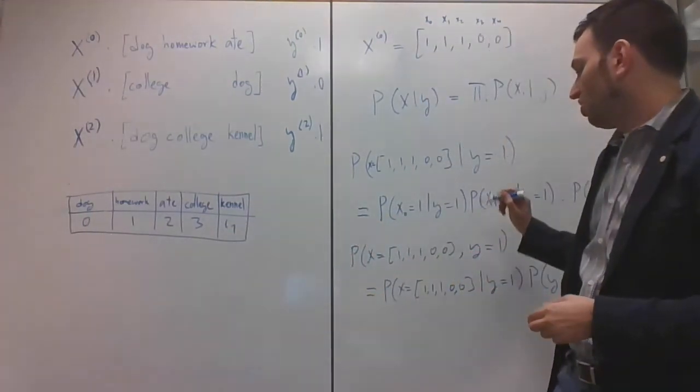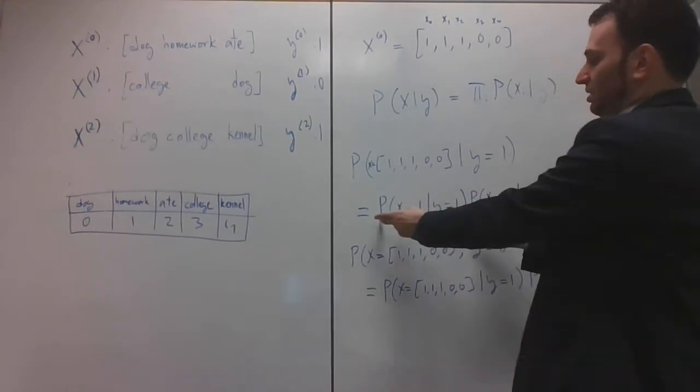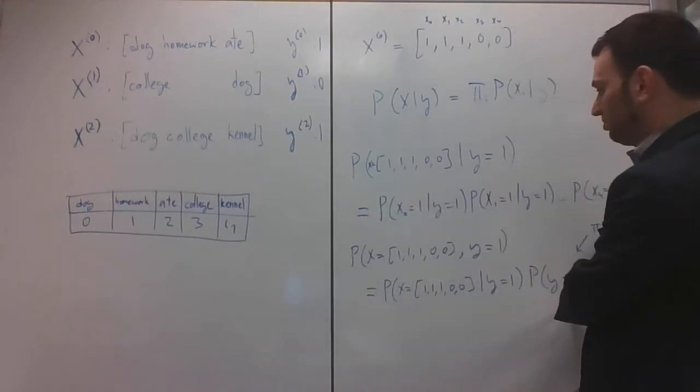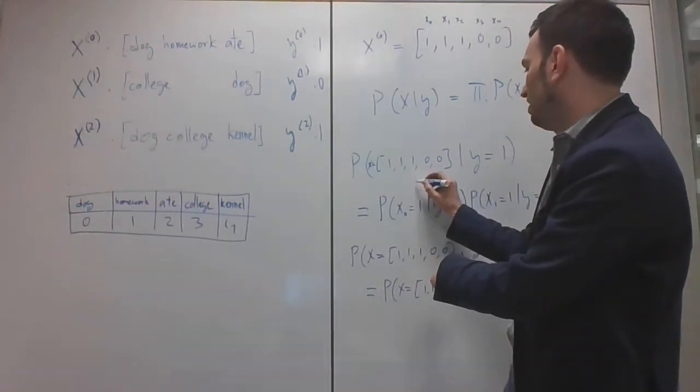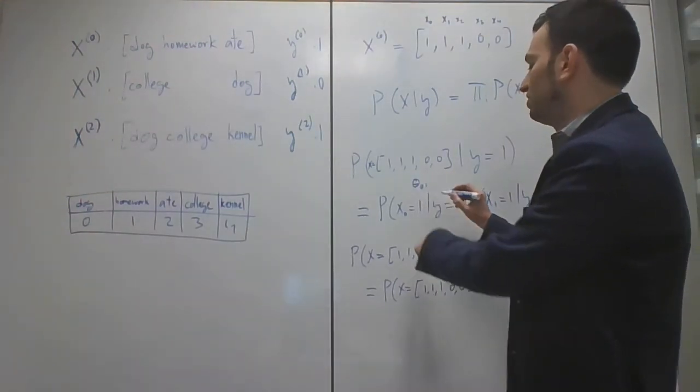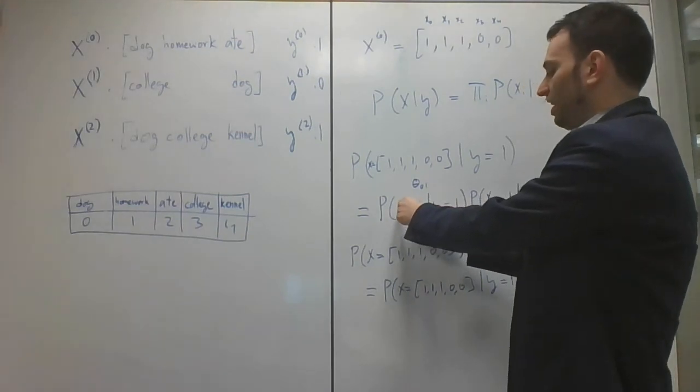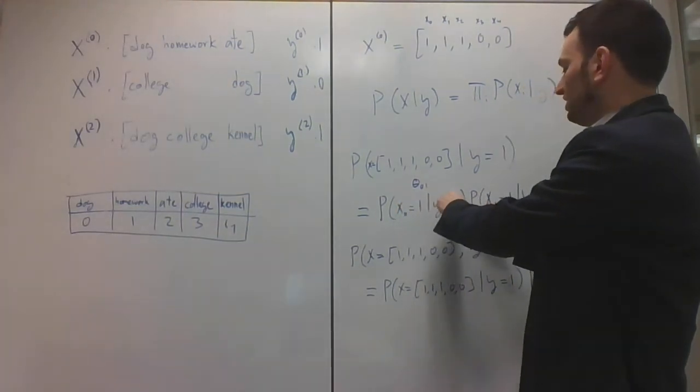Okay, this kind of thing is a parameter of the model, just like this is a parameter of the model. You can call it something like theta 0,1, the probability of x0 being 1 when y is equal to 1.